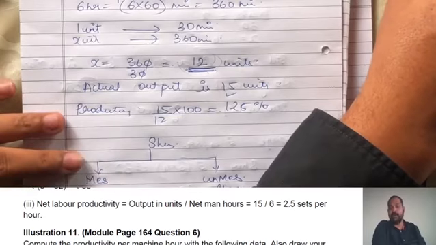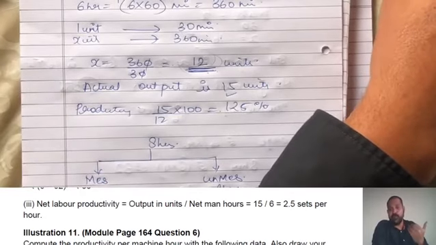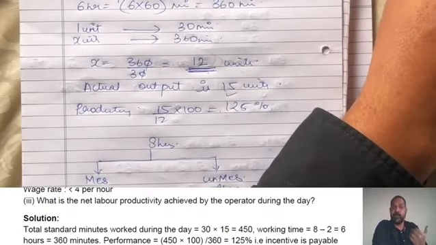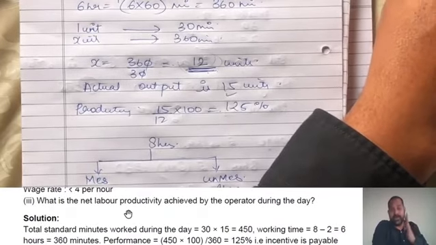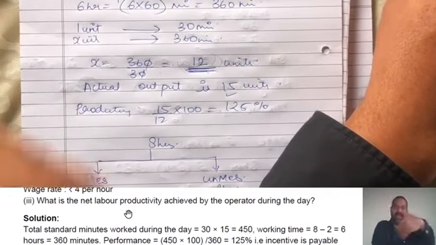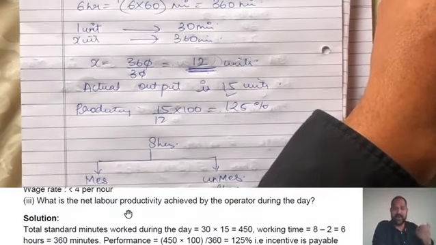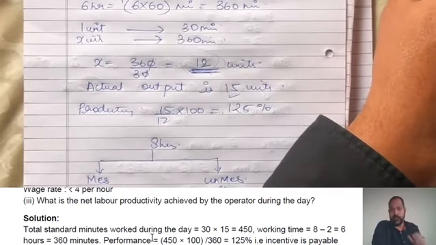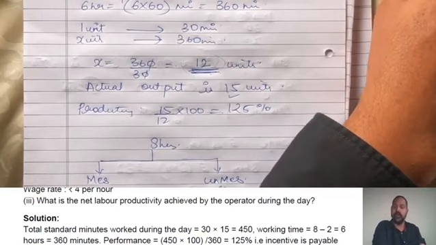So it is 2.5 sets per hour. But if you ask me, the question is not written very well. They should have properly written what is the hourly labor productivity. Then I would have given you the hourly productivity. These questions are a little misleading. But anyway, it is what it is, and this is your final answer.